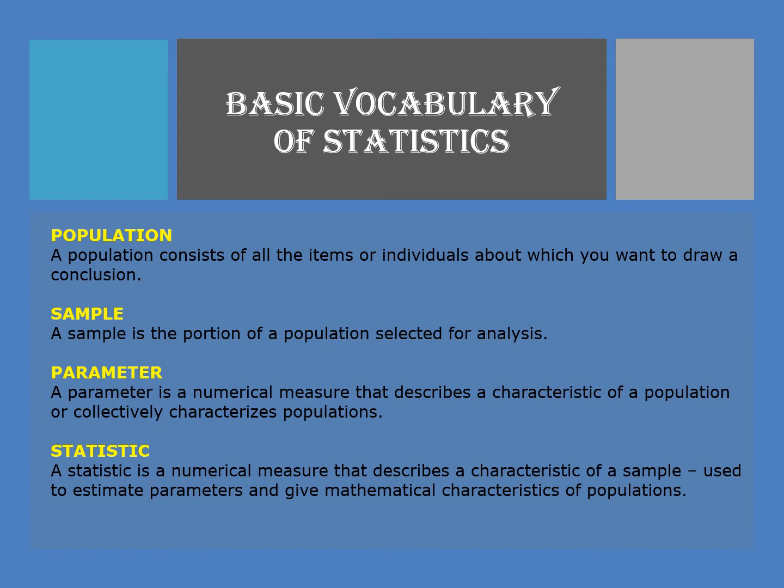And then, last but not least, at least on this slide, there's the vocabulary around the term statistic itself. A statistic is a numerical measure that describes a characteristic of a sample, used to estimate parameters and give mathematical characteristics of populations.